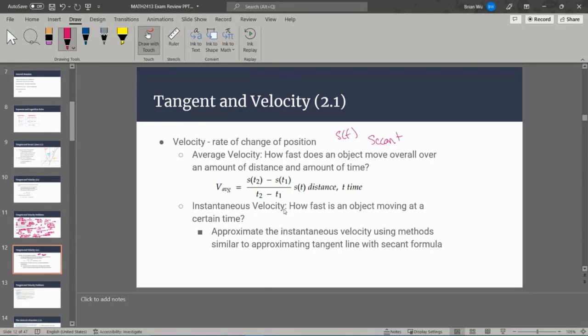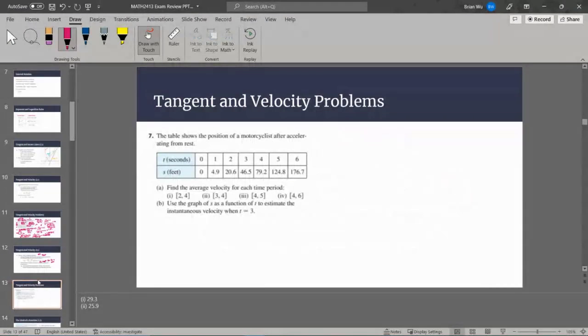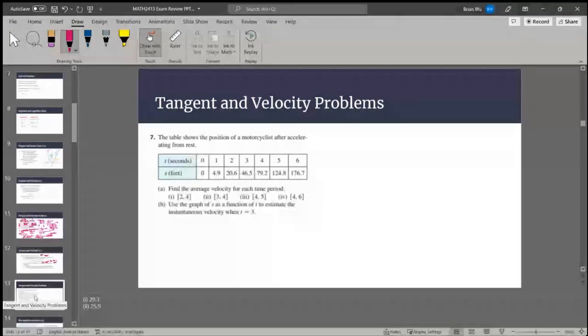And instantaneous velocity is when you want to estimate essentially the tangent line for a point. And in this case, you're going to use the secant line or the average velocity to kind of estimate that instantaneous velocity. So we're going to skip over the tangent or the velocity question for now for the sake of time.